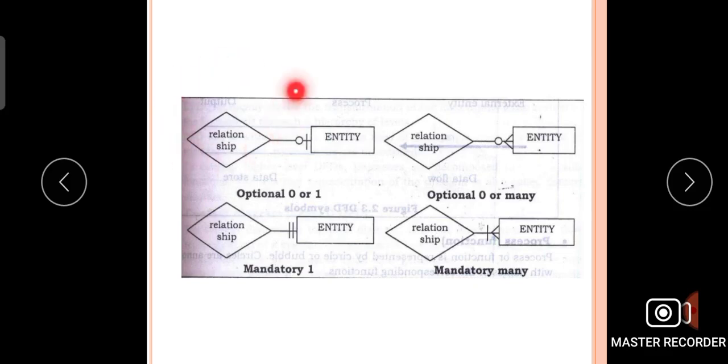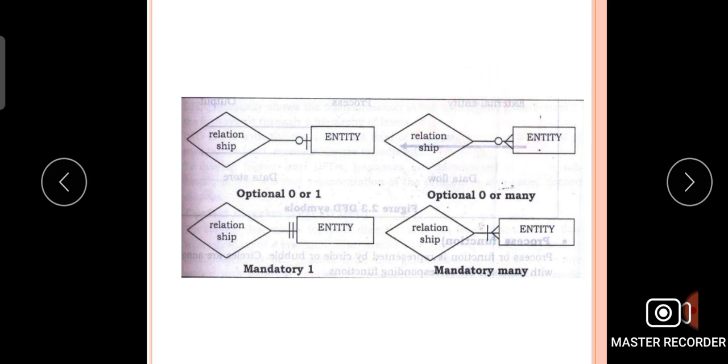For optional 0 or 1, we have to use this type of symbol between the entity and the relationship. And whenever we use modality optional 0 or many, we have to use this type of symbol.